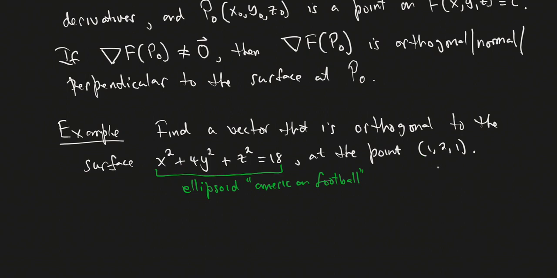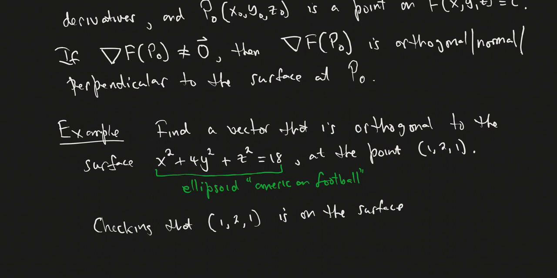Now, let's say you wanted to determine if this point is actually on the surface. It's pretty easy to check. Let's just double check that this works. So checking that 1, 2, 1 is on the surface, because sometimes you don't know, right?